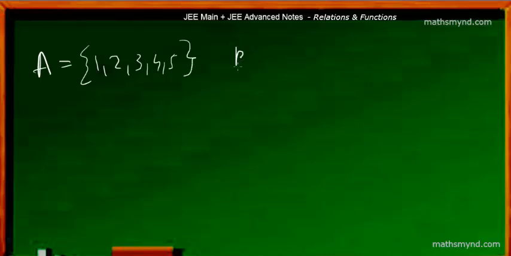So we know that A is equal to 1, 2, 3, 4, 5. B is equal to 1, 4, 9, 16, and 25.